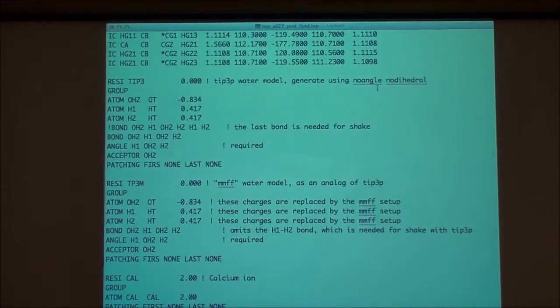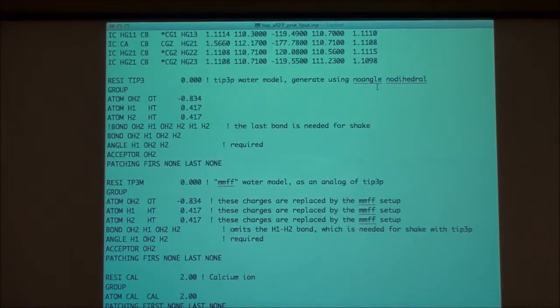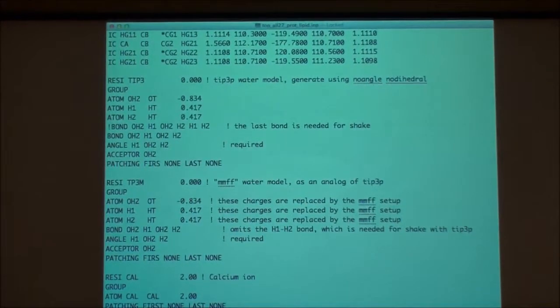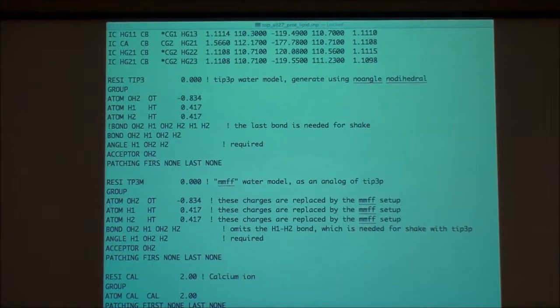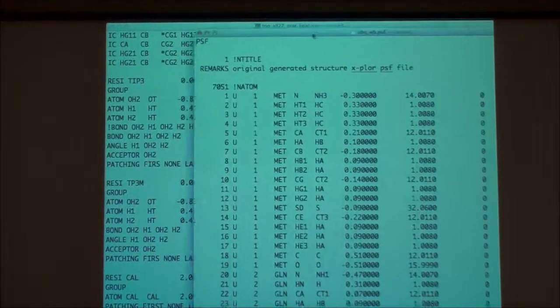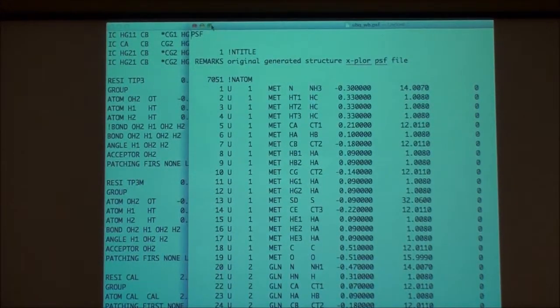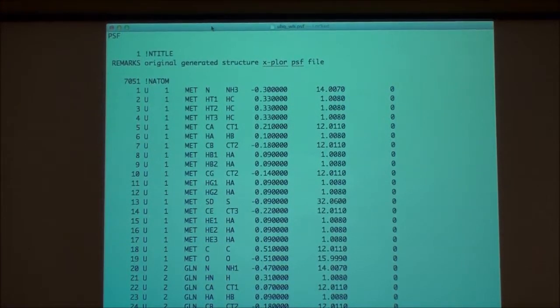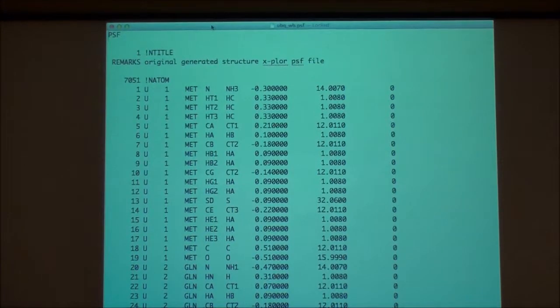Okay, so we have the topology in here. We have the coordinates where we have the residues. And then one of the steps that you did yesterday, hopefully, was to generate the protein structure file, the PSF. The PSF was generated using PSFGEN for NAMD. What you do here is look at your PDB file and say, I have this residue called methionine.